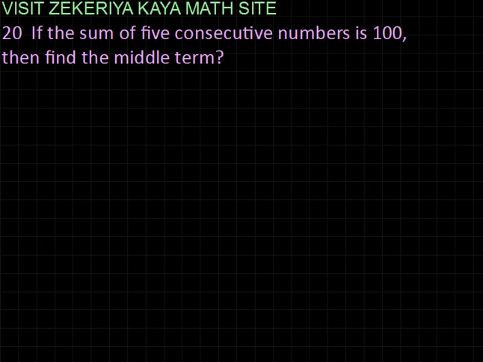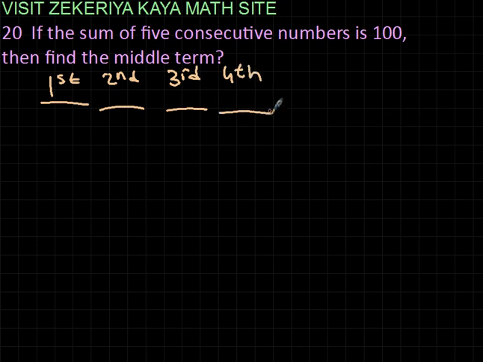So, there will be 5 numbers, 5 consecutive: first, second, third, fourth and fifth. They are just consecutive integers.